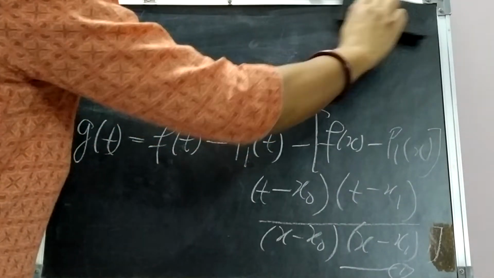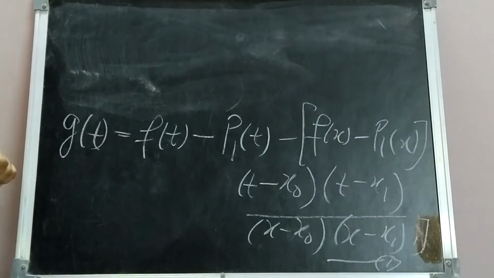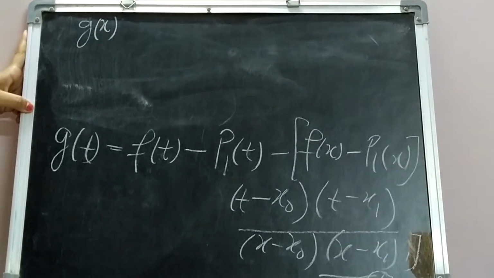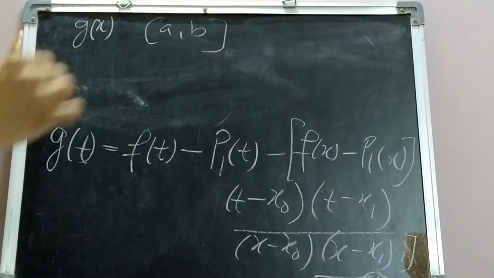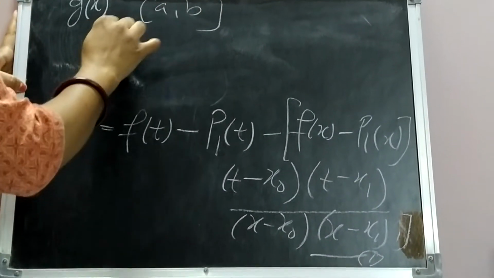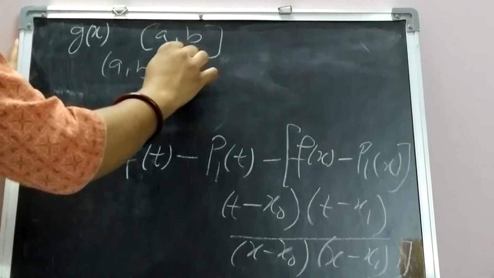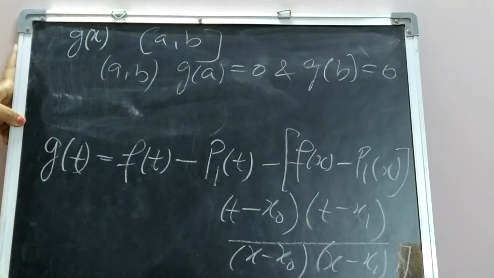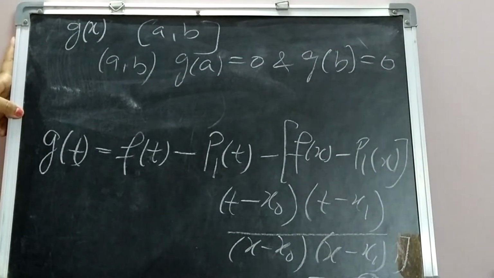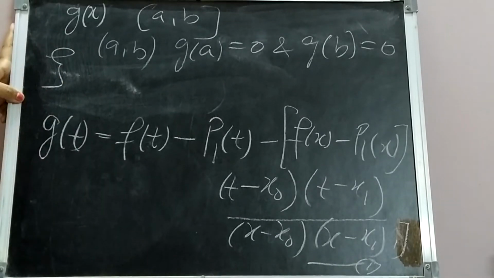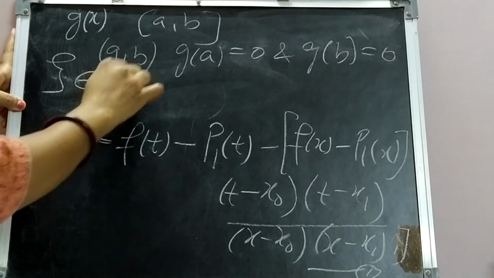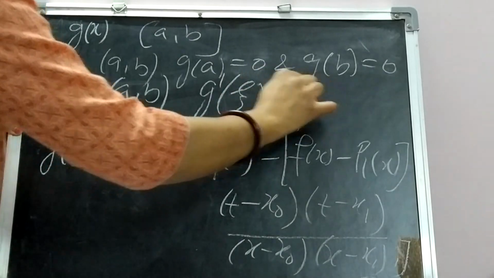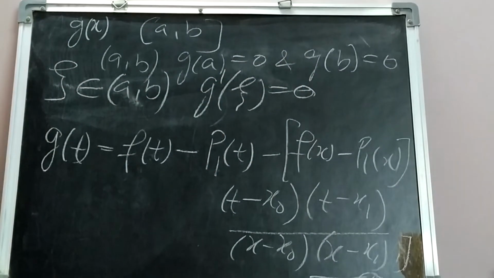Rolle's theorem says that if g(x) is a continuous function on the interval [a, b] and differentiable on the open interval (a, b), and if g(a) equals 0 and g(b) equals 0, then there exists at least one point xi inside (a, b) for which g'(xi) equals 0. So this is our Rolle's theorem.